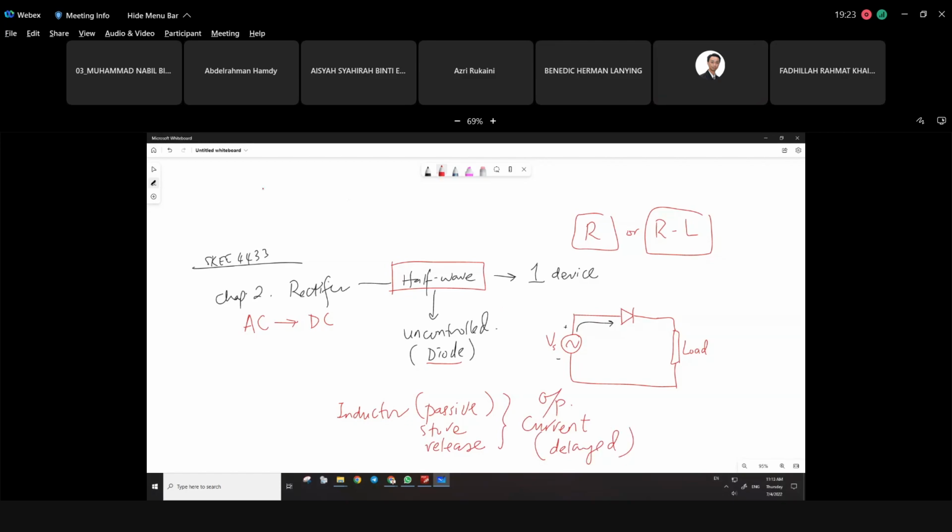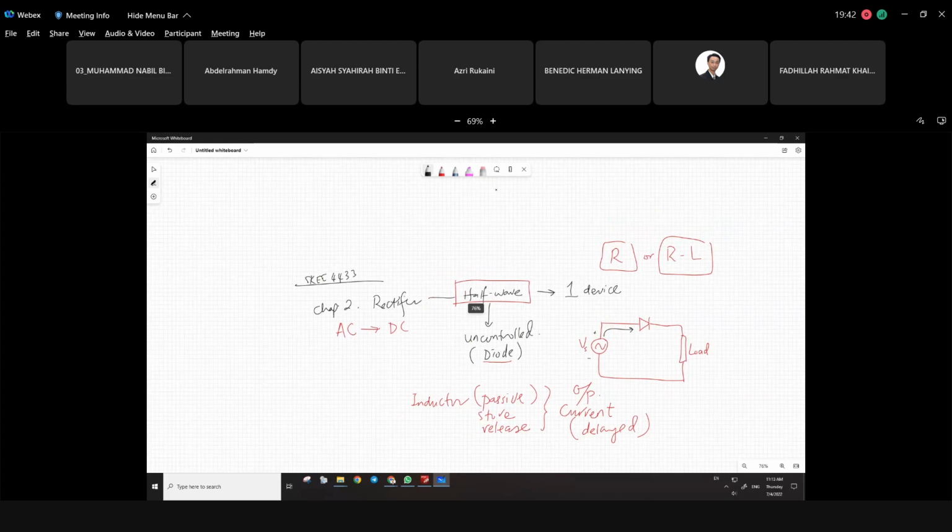How do I select this one? No. Okay. I don't know how to play around with this whiteboard. How do I move the whiteboard? Any idea?